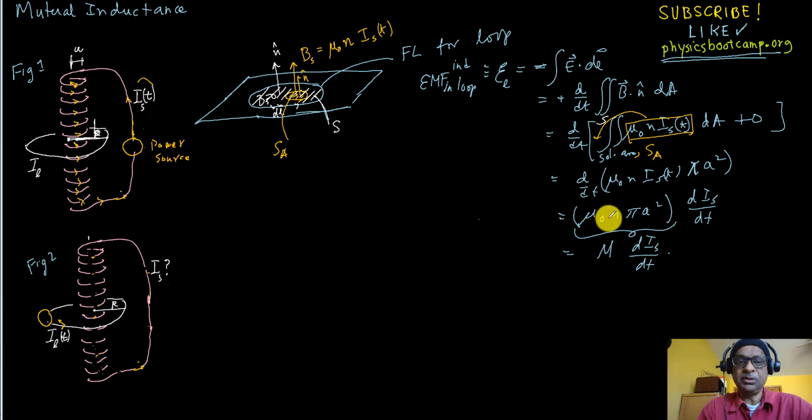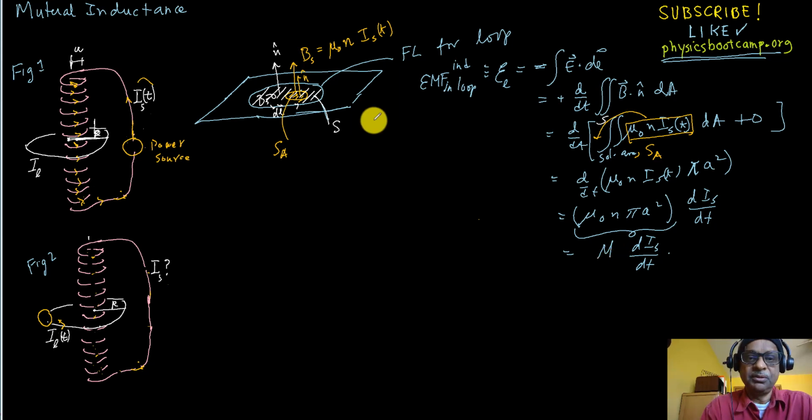Although it looks asymmetric between this and this, actually the mutual inductance between the two is the same: if I had worked out current in here and induced flux in there, I would still get the same mutual inductance.